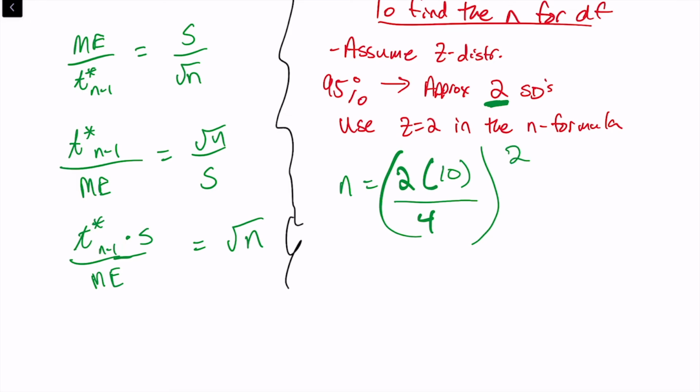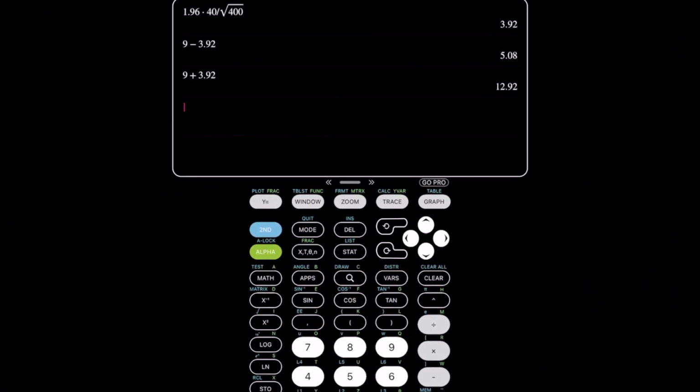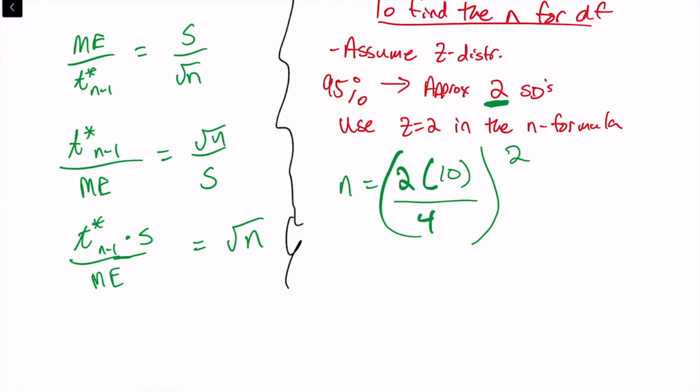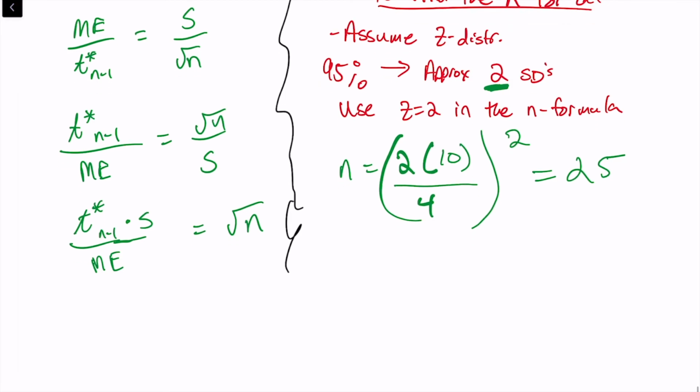Okay? All right, so I'm going to put this in the calculator. So you can do open parentheses, 2 times 10 divided by 4. The calculator will do the correct order of operations, square it, and we get 25. So n is equal to 25. So what this means is that our degrees of freedom, our df, is going to be 25 minus 1, which is 24.